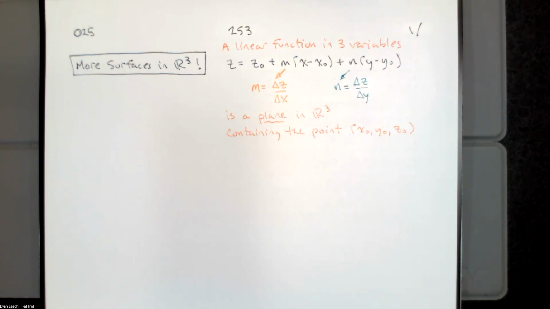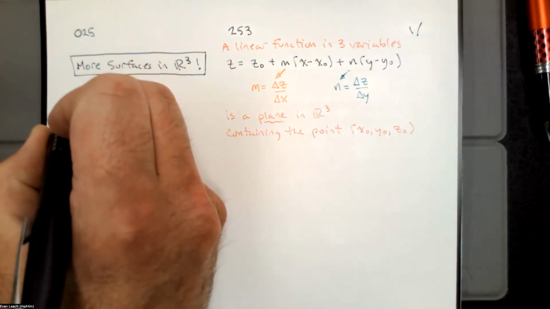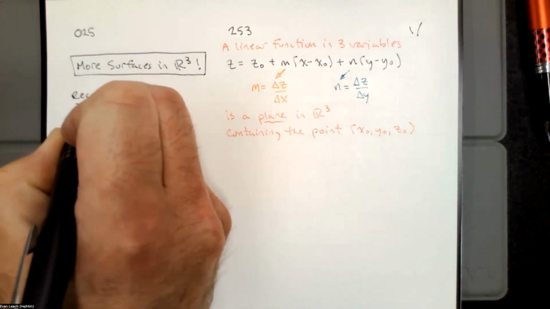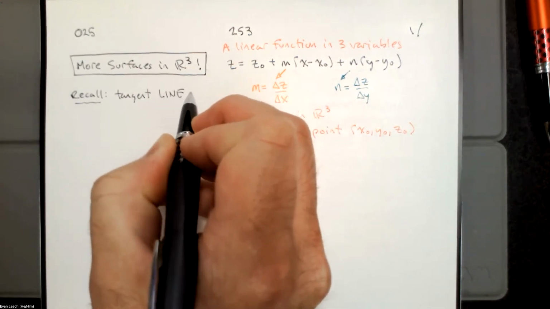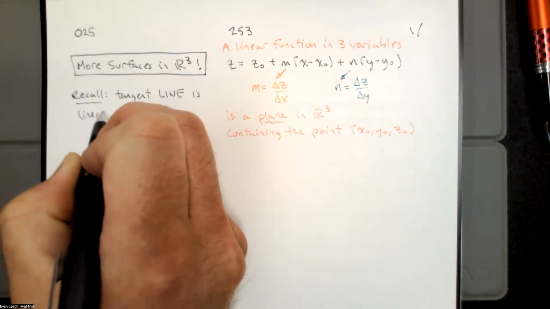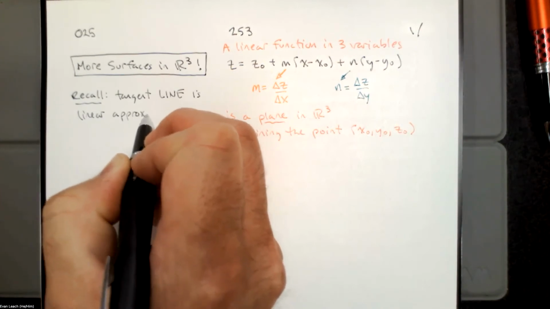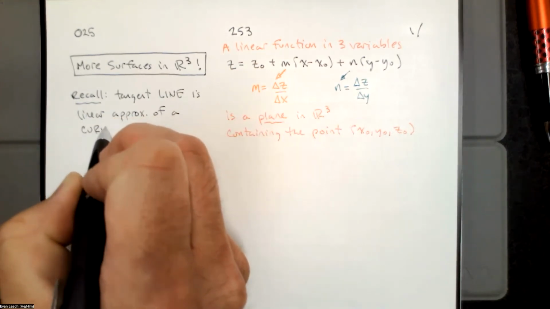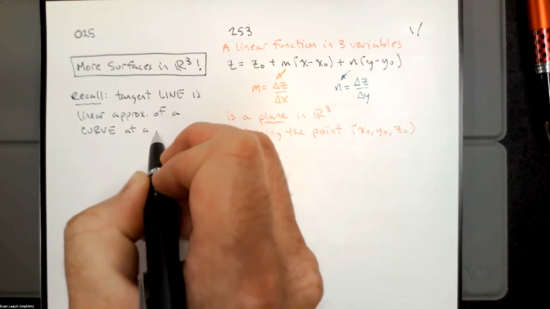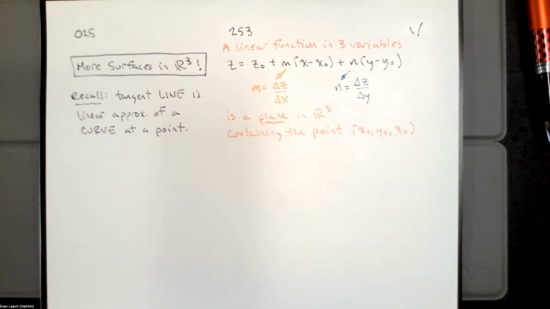So the tangent line is a linear approximation, a best linear approximation of a curve at a point.